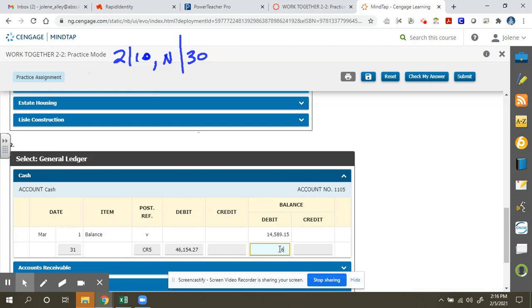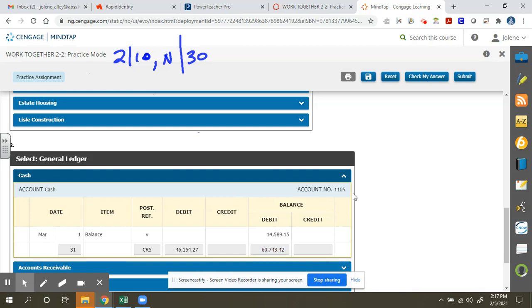So they have a new balance of cash in the account. You can see January and February, they only took in 14.5, and now in 1 month they took in 46,000. Those people who owed them money finally paid up. $60,743.42.